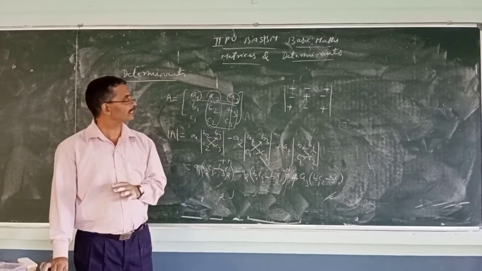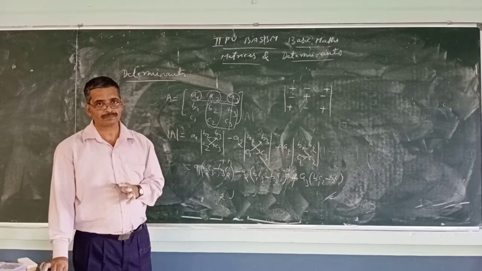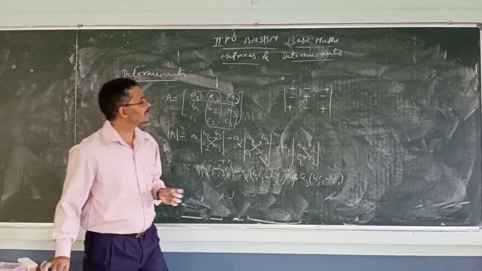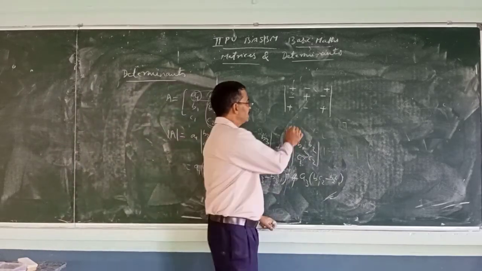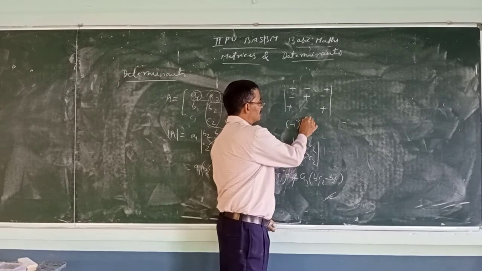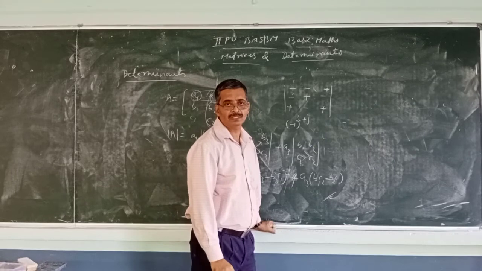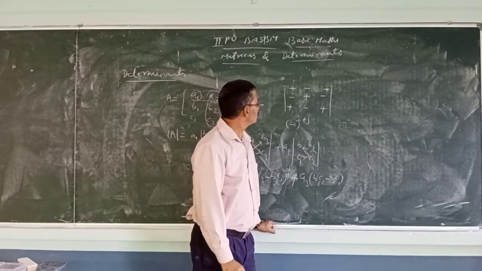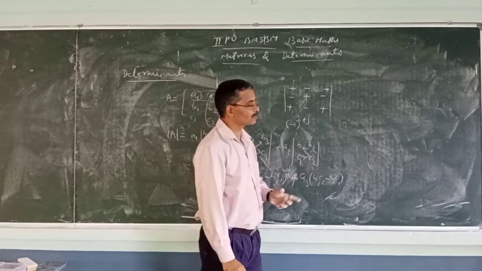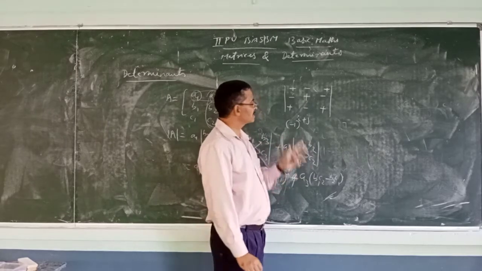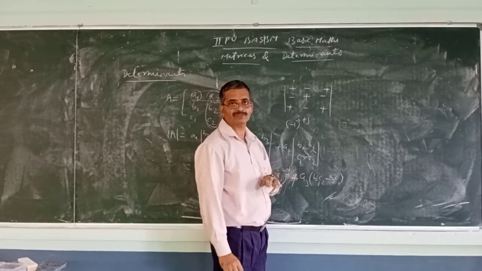There is of course a logic. What is that logic? The sign is based on minus 1 to the power i plus j, where i stands for row number and j stands for column number.